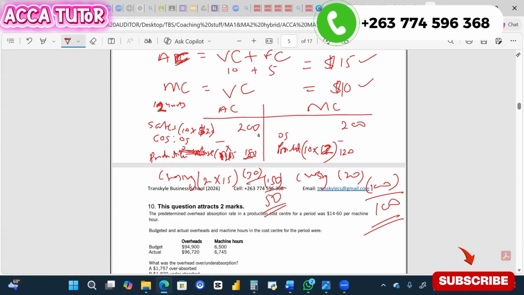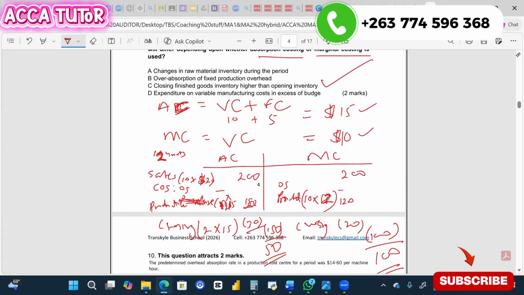At least for the purpose of answering our question, because the question is saying where is the difference emanating from? You can see that if the closing stock here is 30 and the closing stock here is 20, obviously the profits are going to be different.